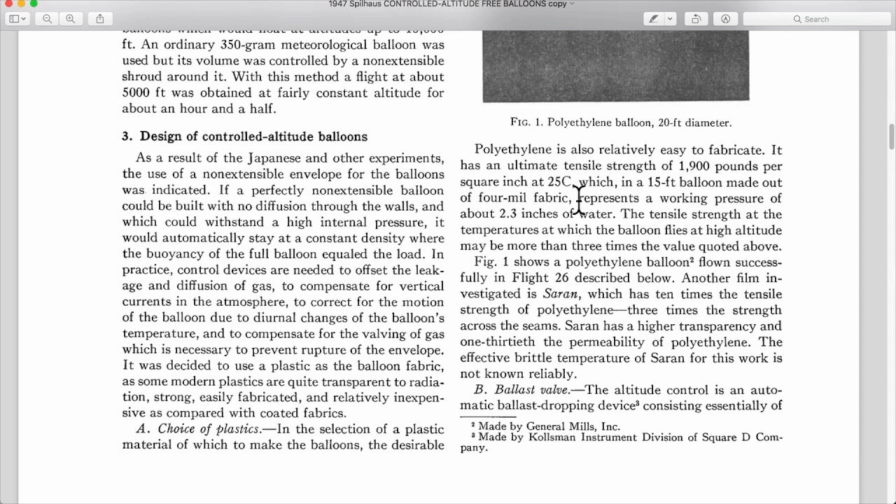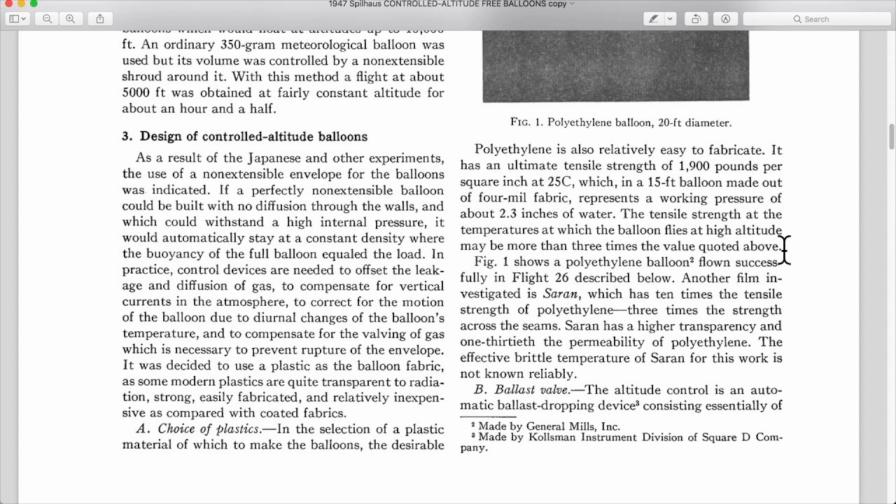Let me just pull up a quick conversion here on my phone and see what 2.3 inches of water is in modern day common units. 2.3 inches of water would be 500 pascals or so.